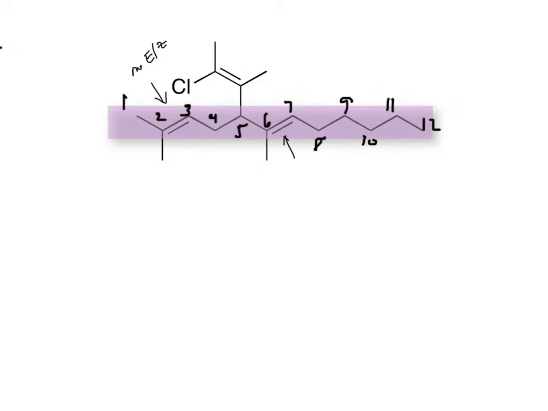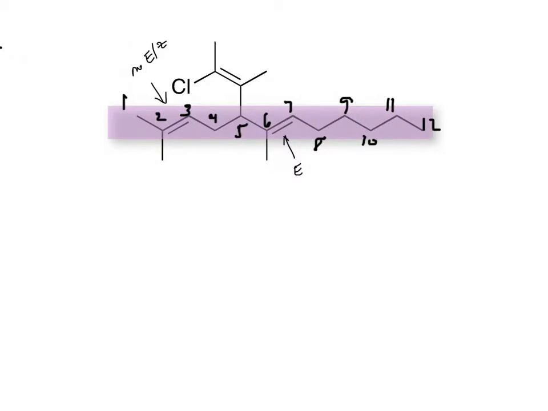So on this side, the number 6 side, does the methyl win or the big group? The big group wins, okay. And on the number 7 side, does the pentyl chain or the H? The pentyl. So the two number 1 groups, are they opposite each other? Yeah. So it is an E. Z, same side, remember? So it's an E.